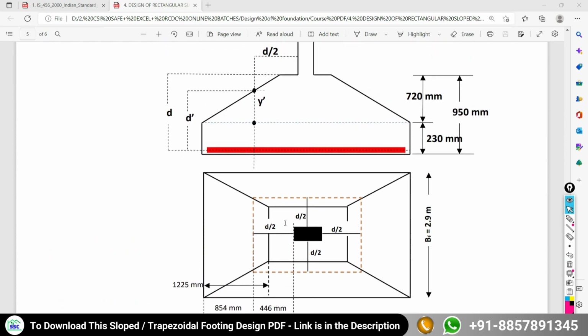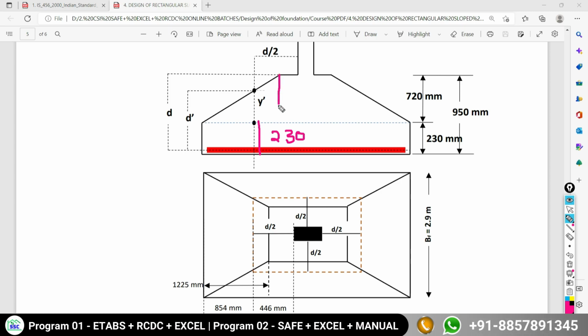Thereafter, I want to calculate the effective depth at this section, d by 2 from the face of your column. I know the depth up to this level, that is 230 mm. I only have to calculate this y dash. How can you calculate this y dash? I am going to do the calculation with this triangle.